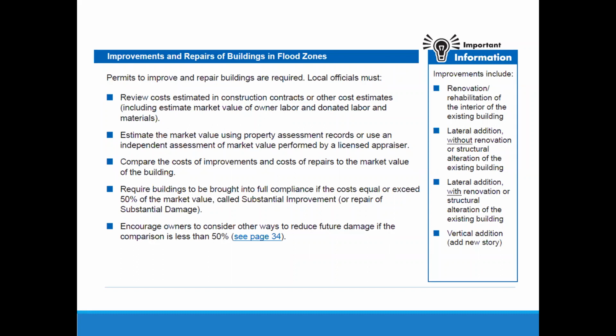And if you don't petition or appeal that value, then you've basically accepted that that's your market value. Then we can compare the cost of the improvements, again, with the labor, with all of the required improvement costs, to the market value, and that's how we arrive at our determination on whether this is a substantial improvement or not.